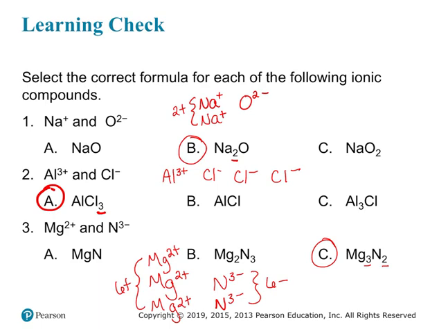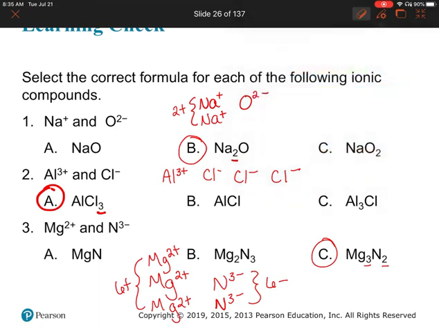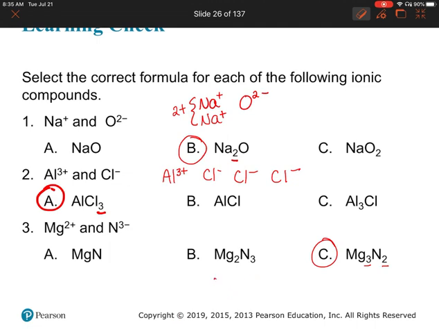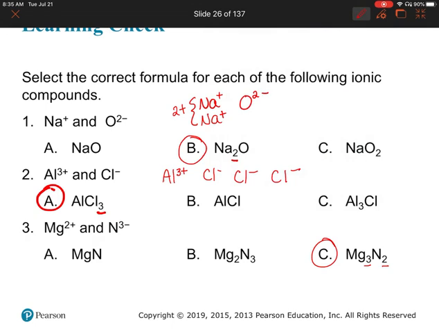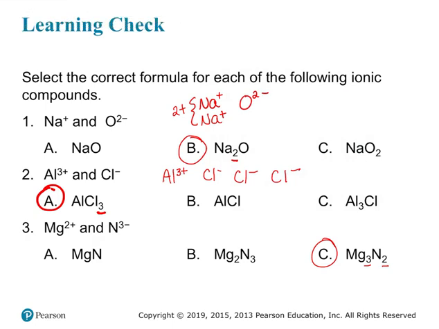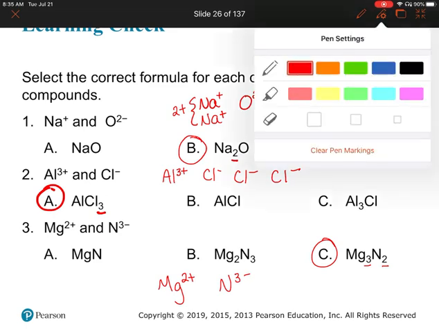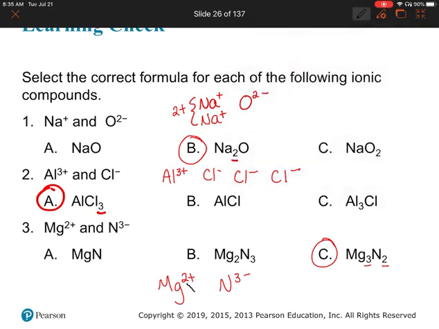The other way to figure this out is trying to find a common factor here, or I guess a common value between them. So for instance, if you have charges that aren't easy to balance, what I tend to do in these situations is I just take the charge of the opposite ion and turn it into a subscript down below.